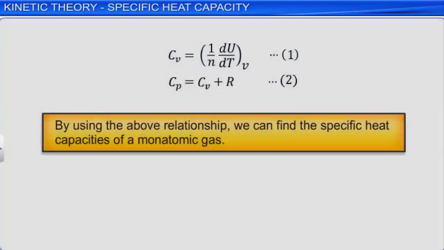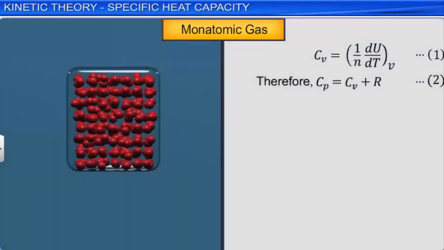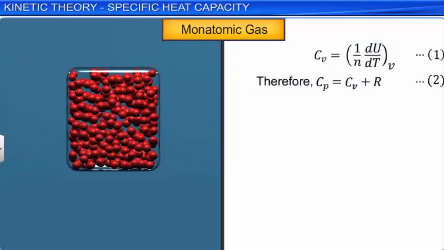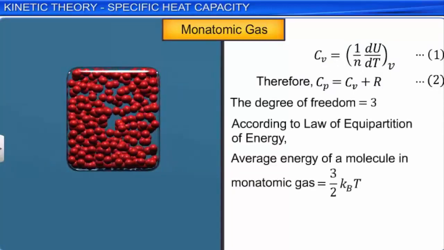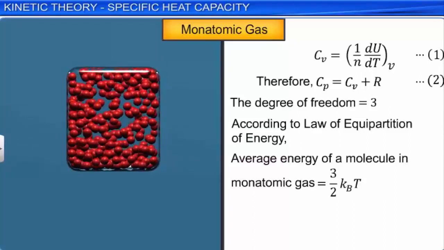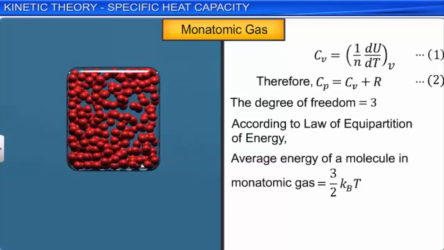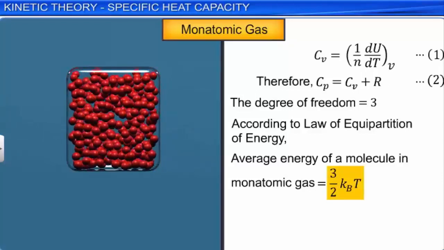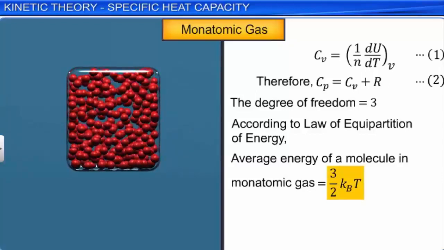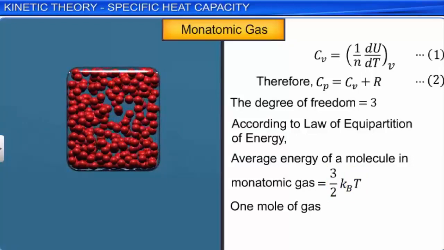By using the above relationship, we can find the specific heat capacities of a monoatomic gas. In the case of a monoatomic gas, a molecule has 3 degrees of freedom. The average energy of the molecule according to the law of equipartition of energy is 3 by 2 multiplied by kBT. 1 mole of gas contains Avogadro's number of molecules.